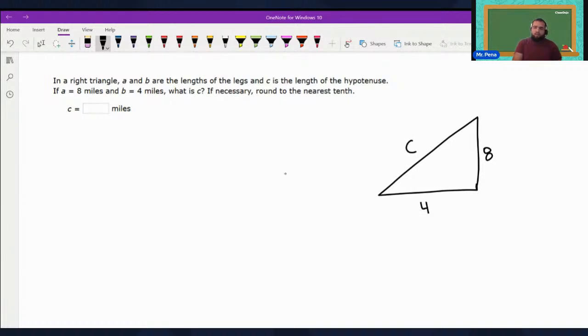What is C? Round to the nearest tenth. So expect the decimal. What is C? Pythagorean theorem.